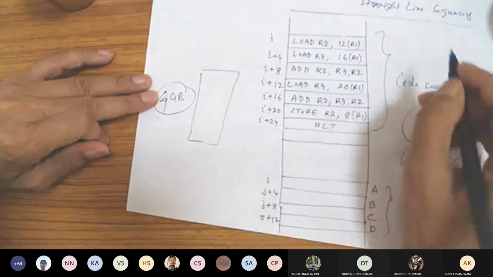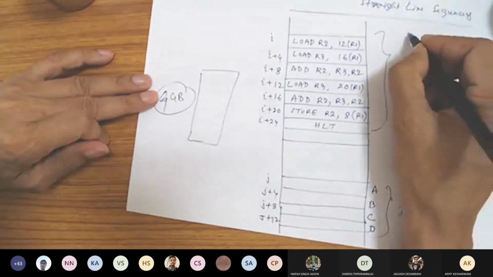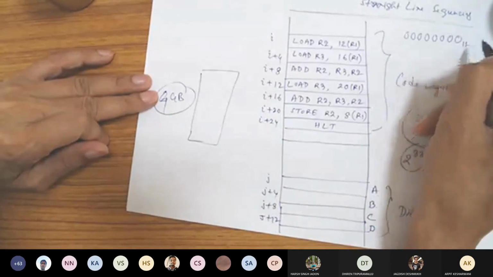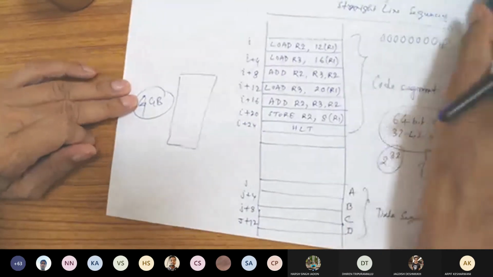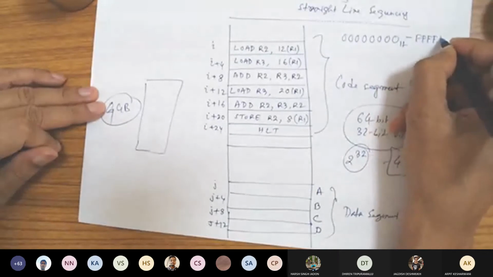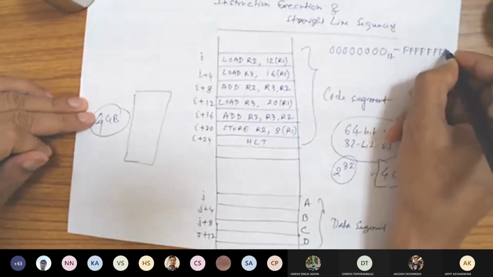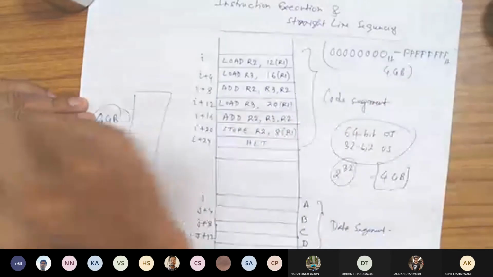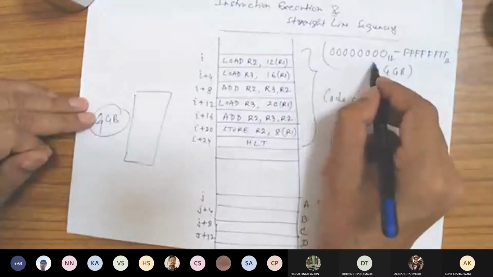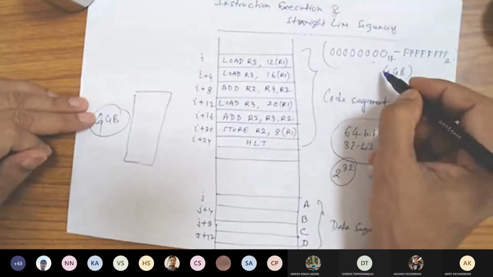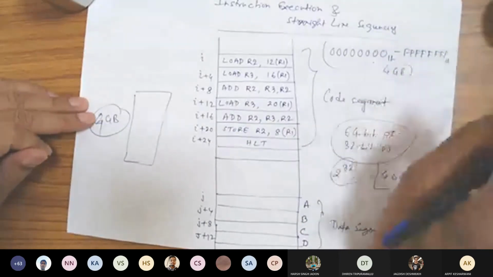If it is 4 GB, you know that it goes up to hexadecimal FFFFFFFF. This is 4 GB, a 32-bit address, starting from the lowest address. Your program can be written assuming any one of these addresses.